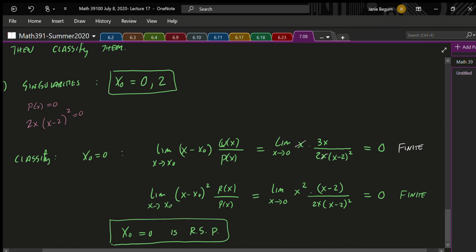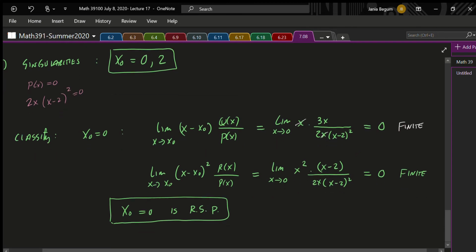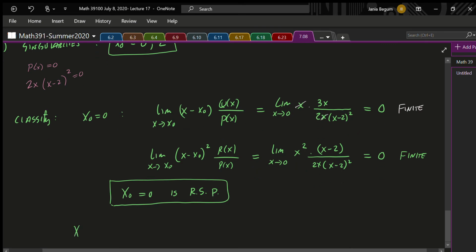And you do the same thing for x naught equal to 2 and see what happens. So let's classify the second one. So x naught equal to 2, we want to take the limit as x approaches x naught, which is 2, of x minus 2 times q of x, that's 3x over 2x times x minus 2 squared. What is this limit?